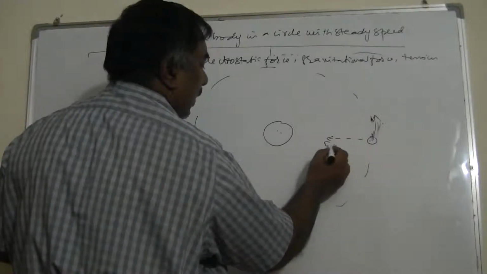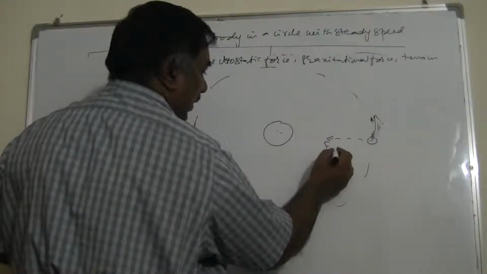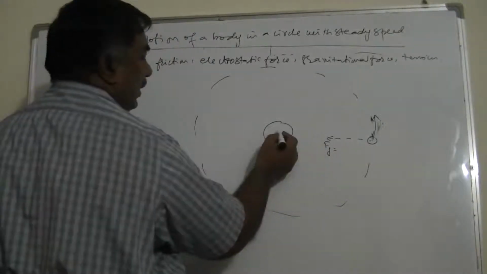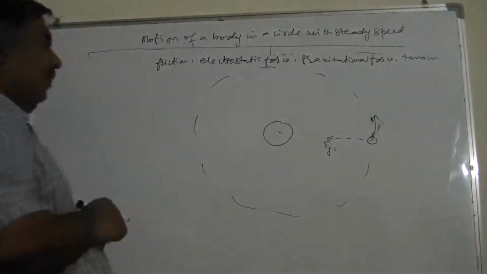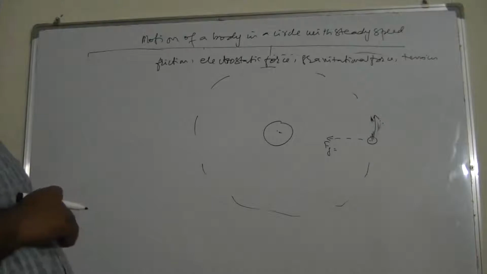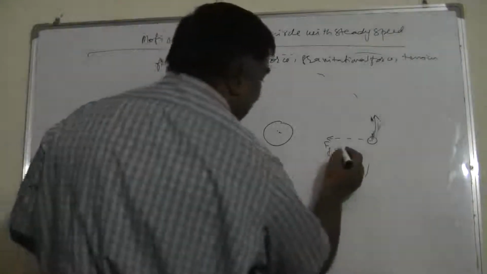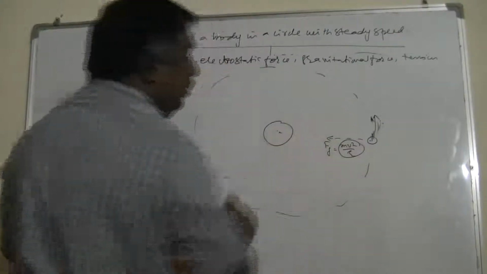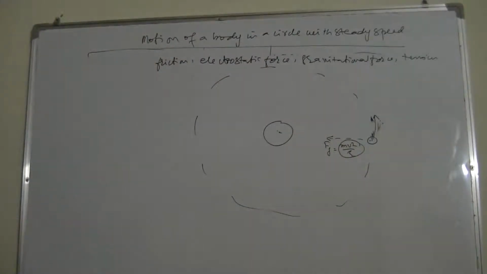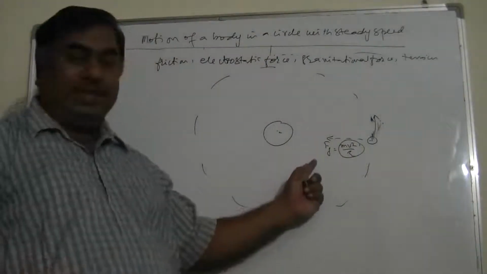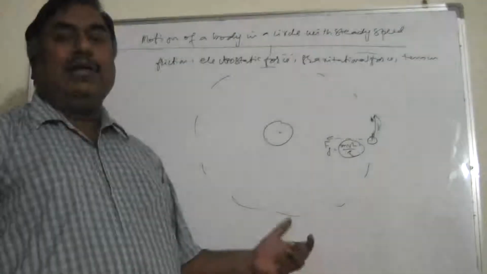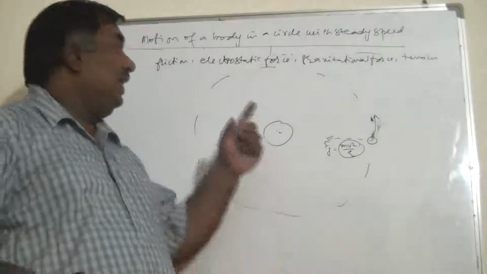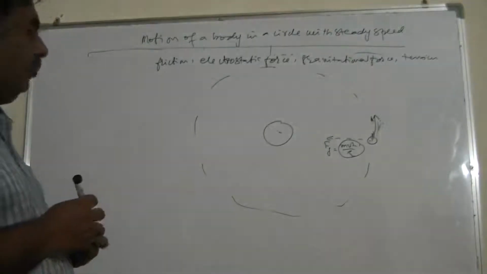The sun is attracting the Earth, which makes the gravitational force, and that is equal to the centripetal force. So I will say F_g is equal to m v square upon r, but m v square upon r is not a new force. It is provided by the gravitational force. Actually that is a formula only.